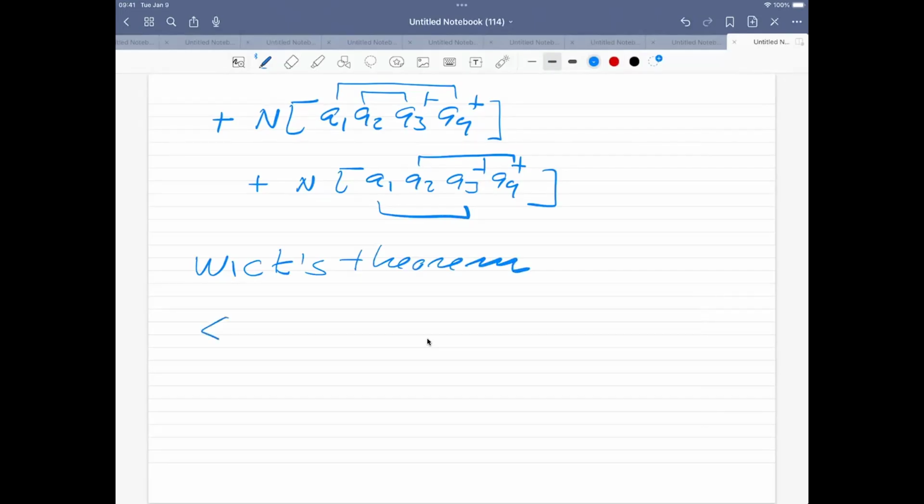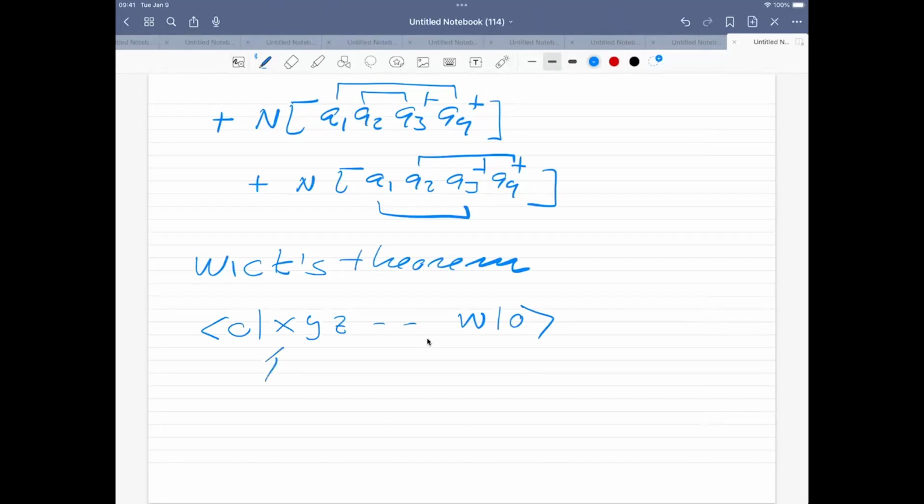That says that an expectation value of a string of operators, so we have now X, Y, Z, etc., up to some W. You could think of these as being strings of operators, and each one of these could contain 1, 2, 3, 4 creation and annihilation operators. So this is just a string of operators, each one of them.